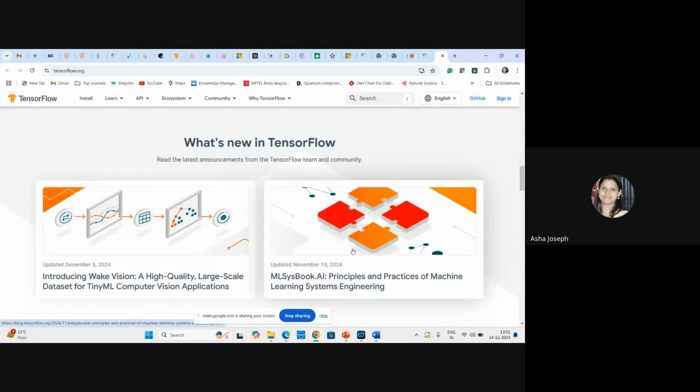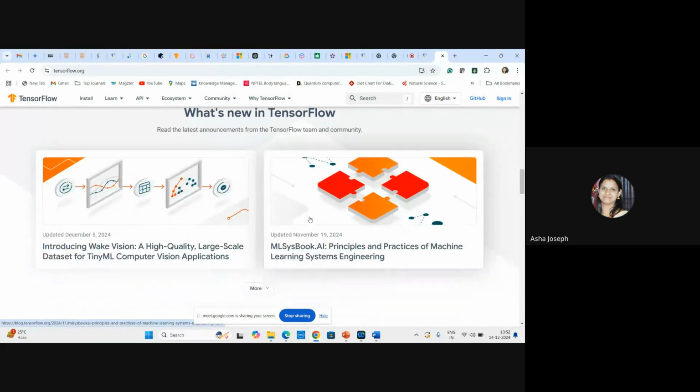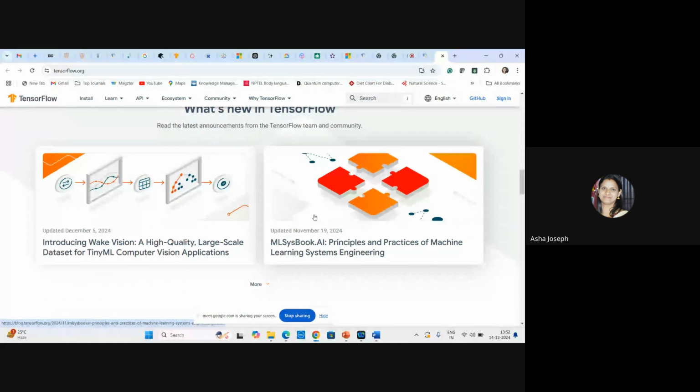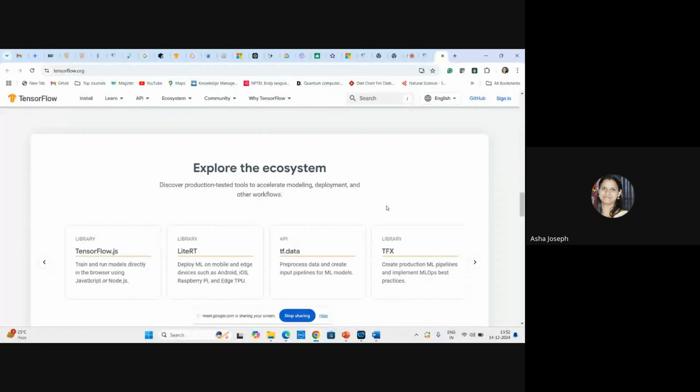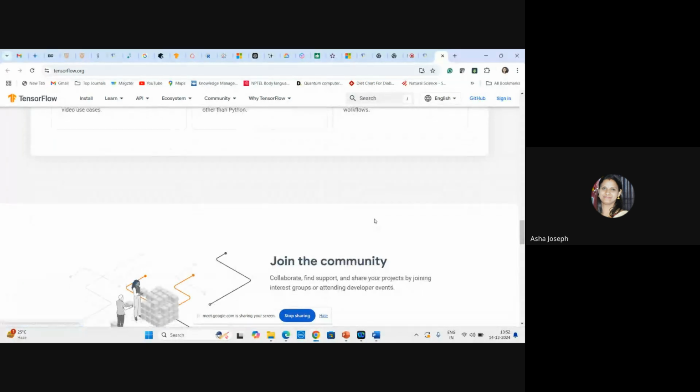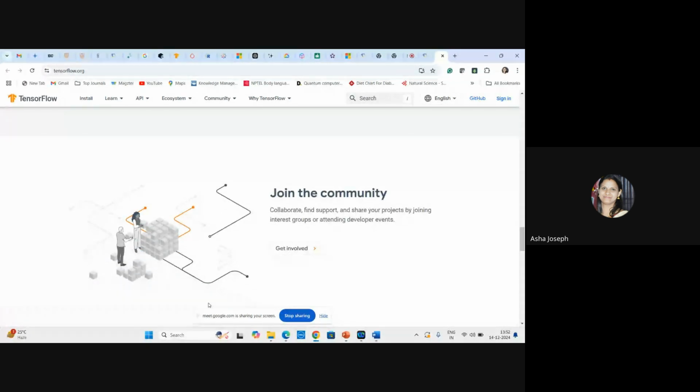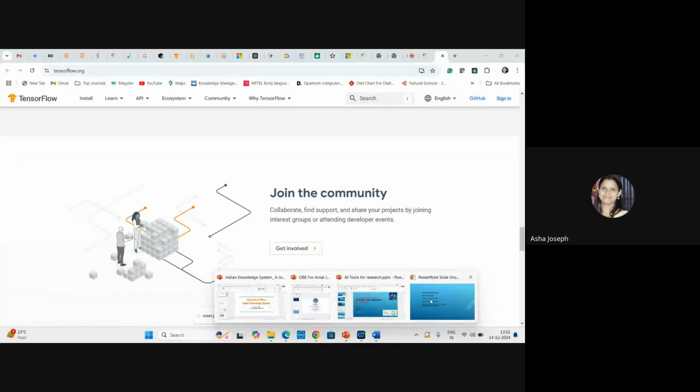I would like to ask most of you researchers to make use of these AI tools, because I will not be executing everything and showing it to you, as I don't have that much time and I need to show whatever tools are available for research purposes. So please try to explore TensorFlow and do some implementations in your work. I'll be sending the links to you again. Now let me go back to the PPT.